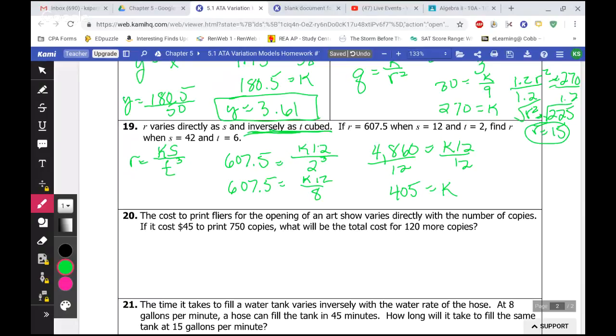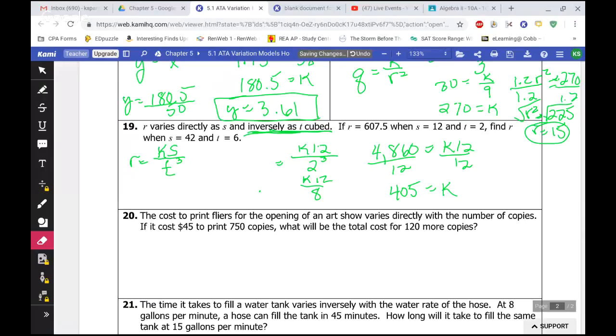All right. So now, can I erase this? Yeah. So now we found K, and we're supposed to find R when S is 42 and T is 6.